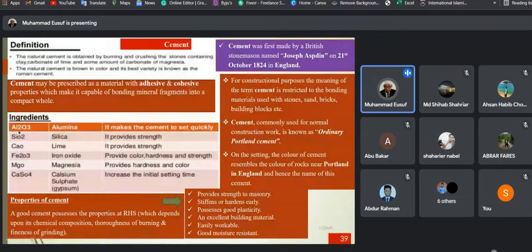Aluminum oxide, Al2O3, aluminum oxide, which is... cement. Cement sets very quickly.